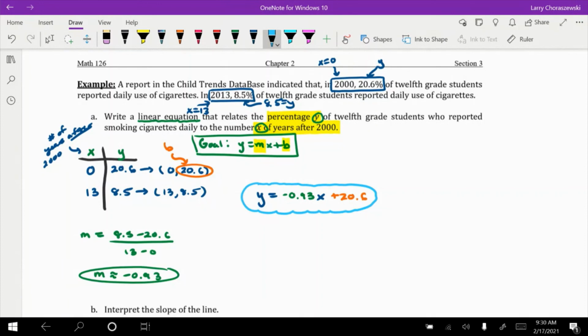But if you leave it in fraction form for part C and then convert to a decimal after, you'll probably have a more accurate answer than what I have. But we'll be really close. Anybody else getting similar results here? Everybody good? All right, cool.